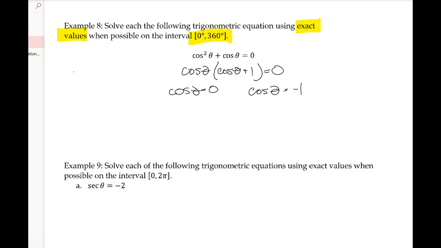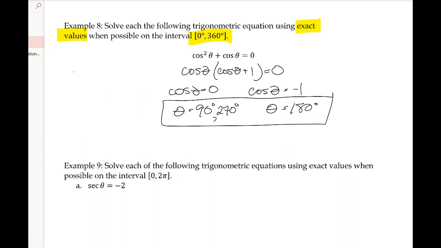It happens at 90 degrees, and it happens at 270 degrees. Over here, cos theta equals -1. That is when my x value is -1. That only happens once, and that's at 180. So those would be my two answers.